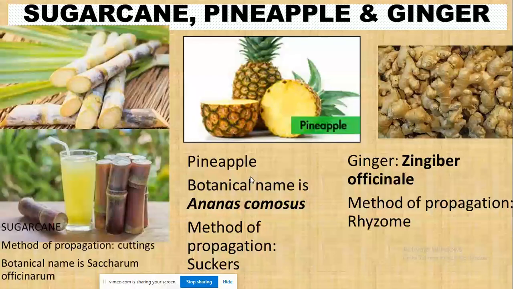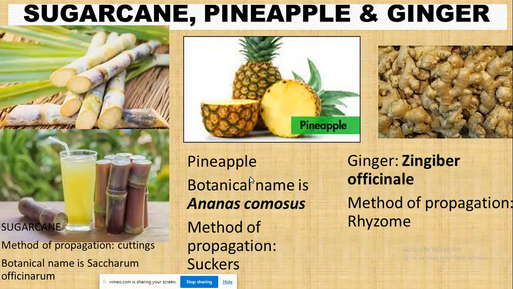Okay. Then we have sugarcane, pineapple, and ginger. Look at sugarcane. The method of propagation of sugarcane is cutting. Its botanical name is Saccharum officinarum.